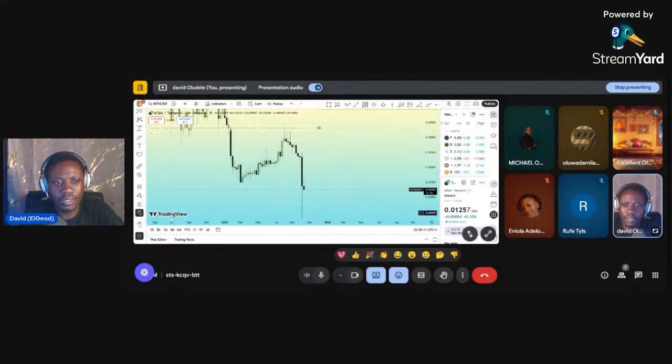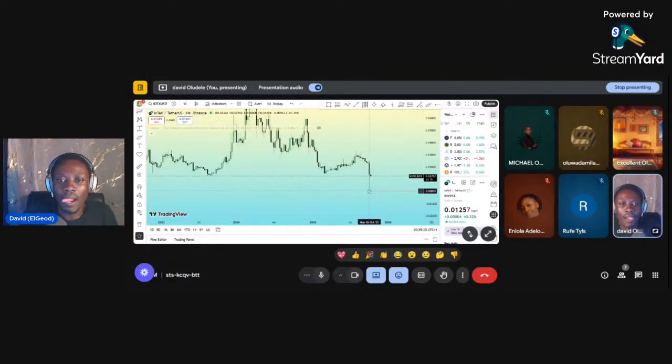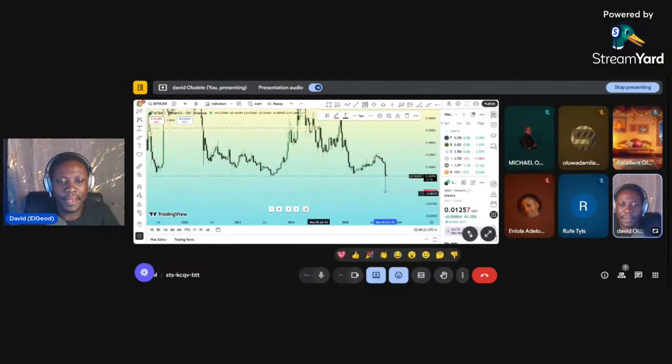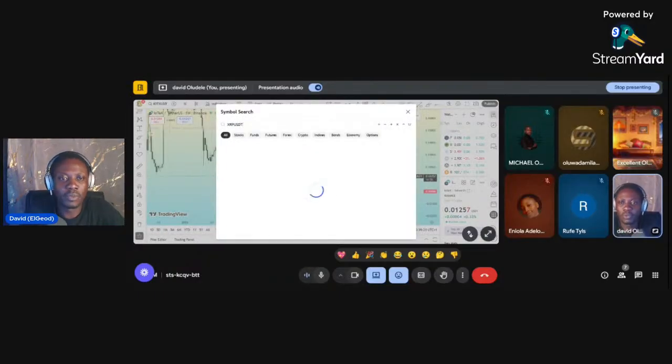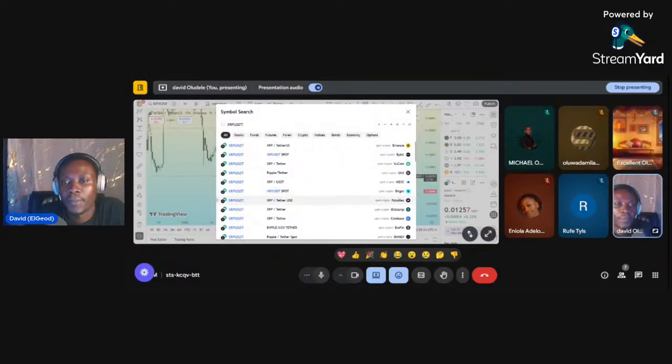Sorry, I was going to take this whole diagram off. So let me pick a pair. I think XRP is what we've been playing with all along, so let's go ahead with XRP. I'm going to be using the BitGet charts.